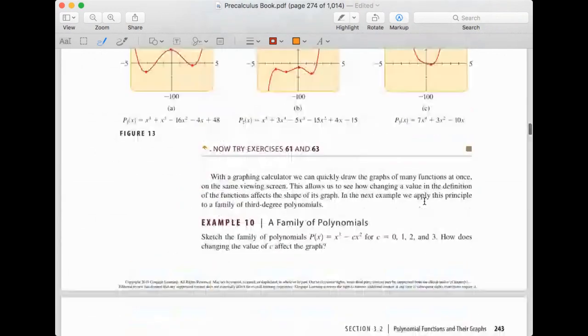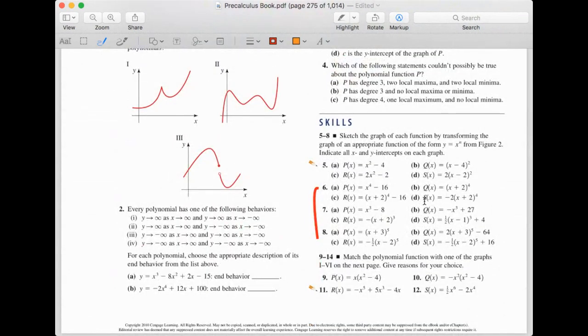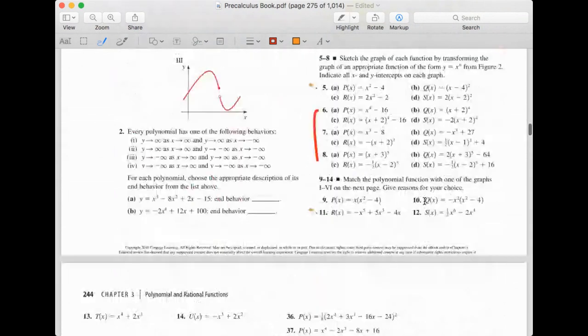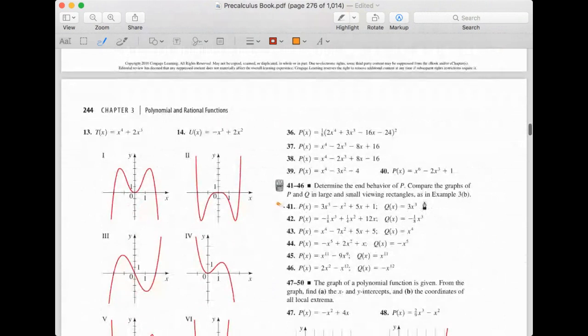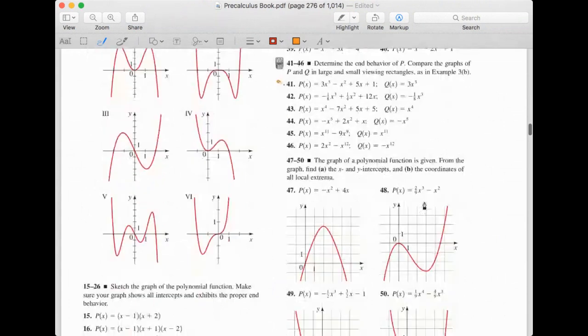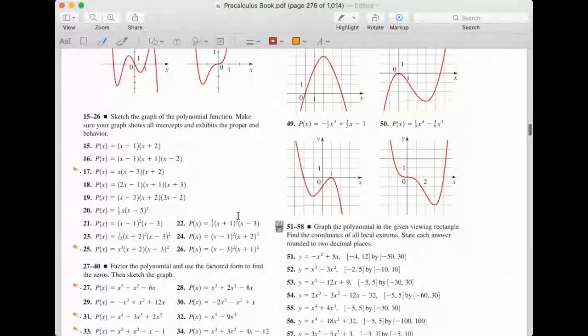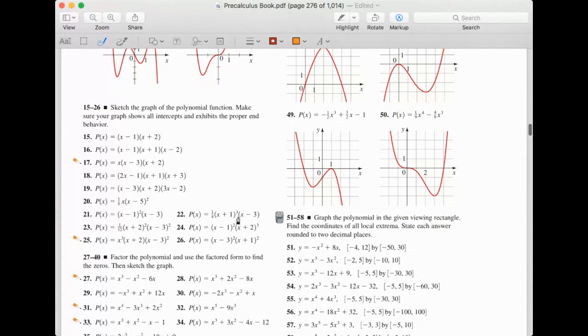All right, let's do some exercises for finding zeros. Okay, let's choose a couple from here, 15 up to 19.